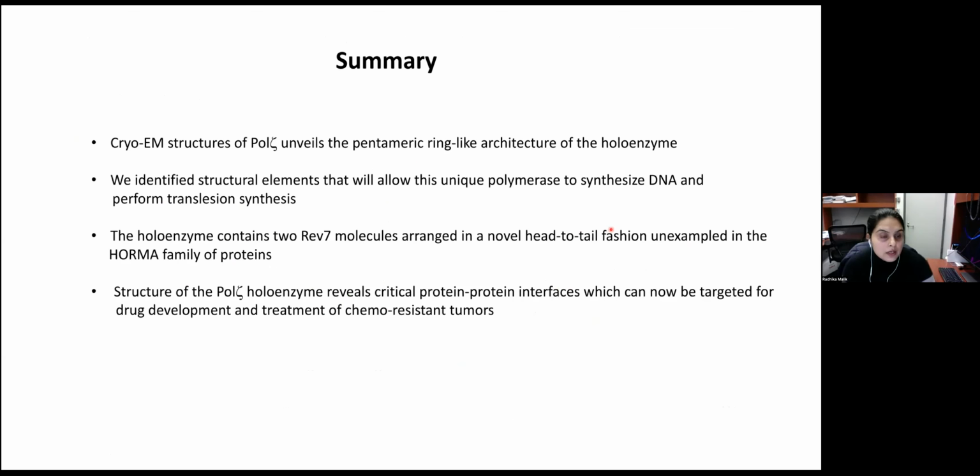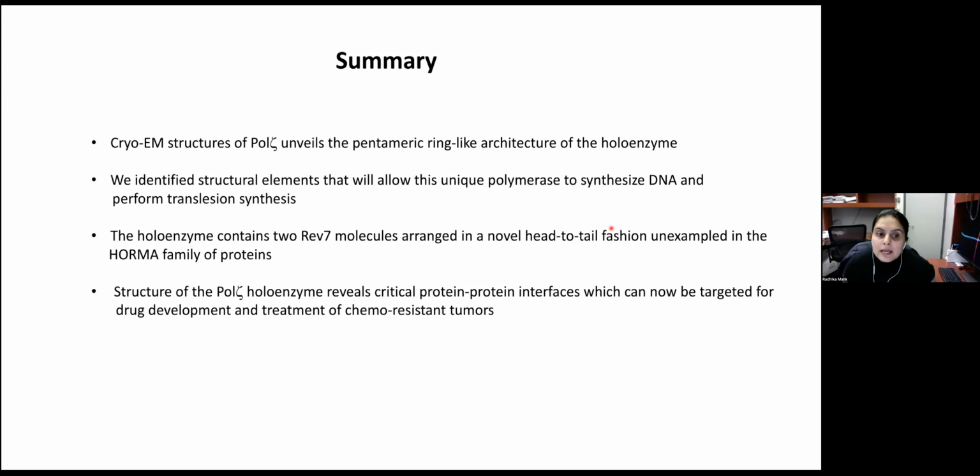So in conclusion, we determined the Cryo-EM structures using novel sample preparation methods, which unveiled the pentameric ring-like architecture of the holoenzyme. We identify structural elements such as the fingers domain and the palm linker, which would enable the polymerase to synthesize the DNA as well as perform translesion DNA synthesis.